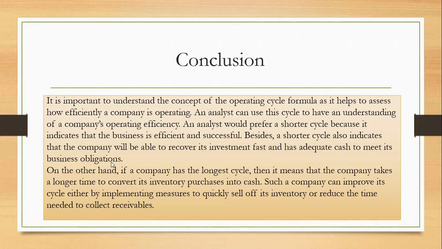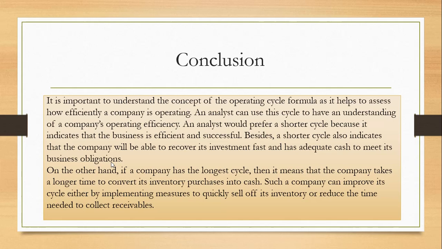On the other hand, if a company has a longer cycle, then it means that the company takes a longer time to convert its inventory purchase into cash. Such a company can improve its cycle either by implementing measures to quickly sell off its inventory or by reducing the time needed to collect receivables.